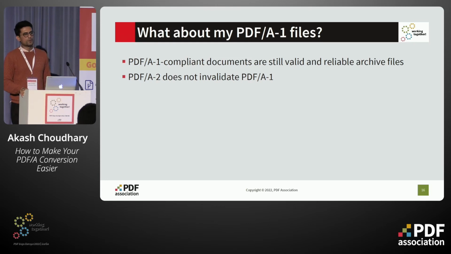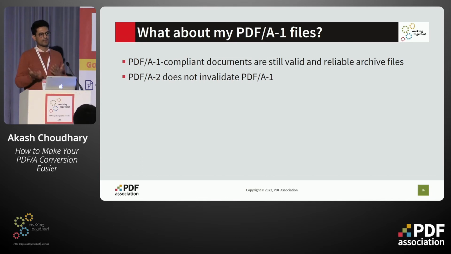More often than not, we encounter this question of what about my PDF A1 files? Do I have to reconvert them to a more recent PDF A substandard, which can be PDF A4 or even PDF A2 or A3? And as I mentioned before, the main goal of PDF A substandards is self-containment. So PDF A1 compliant documents are still valid documents.